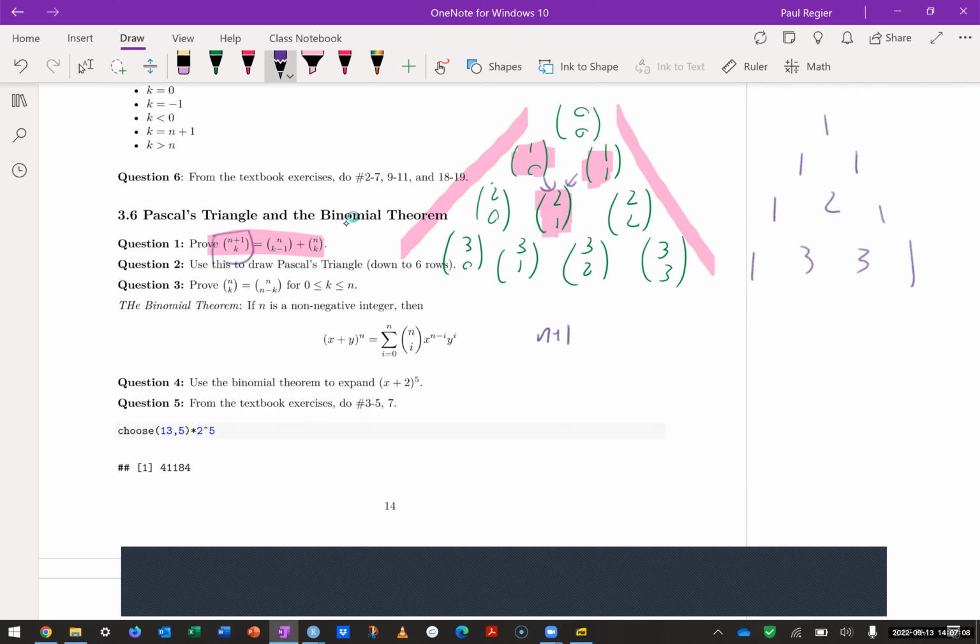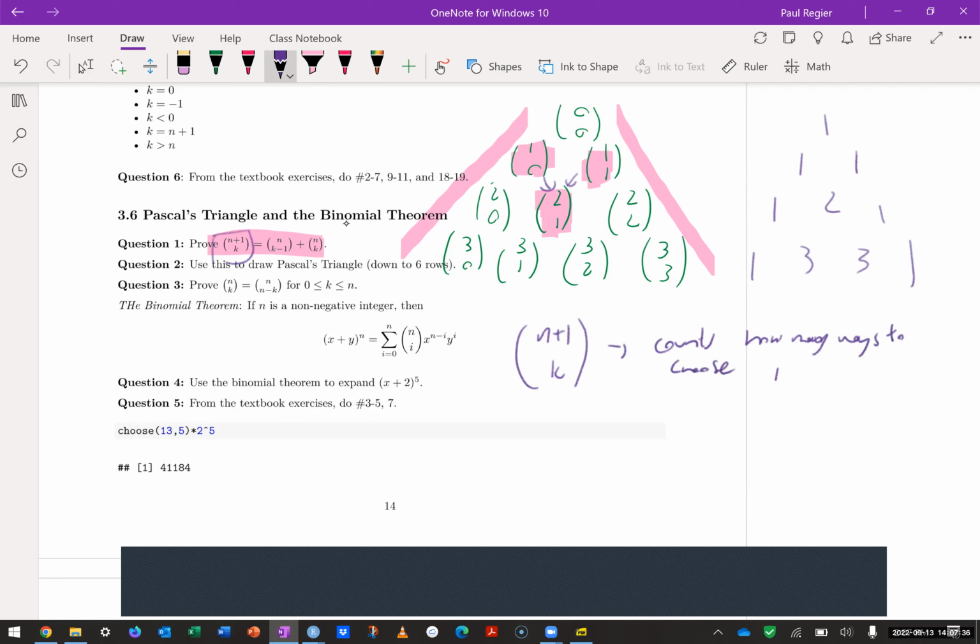So n+1 choose k. This is a proof that uses what's called a combinatorial proof, because we're counting how many ways we can do this. This counts how many ways to choose k elements out of n+1.